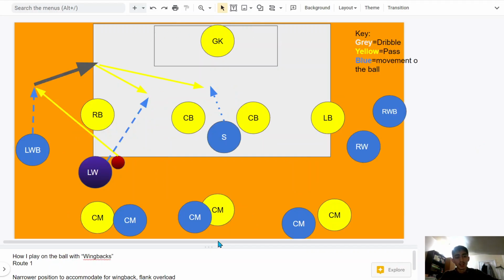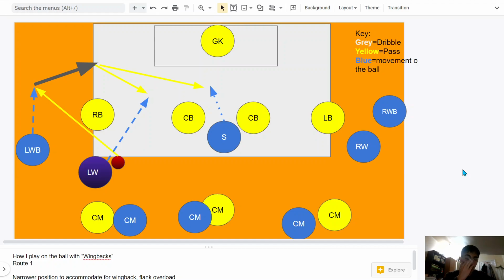Here is a very important question because in the modern game, a common position that's being utilized is the wing back, right wing back, left wing back. It's a very complicated position, but in essence, it's a hybrid between a winger and a fullback.